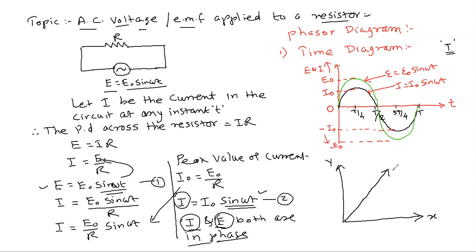So this is the value of E naught, the peak value of the EMF, and I naught, both in the same phase, and these are the respective values. This is the phasor diagram.